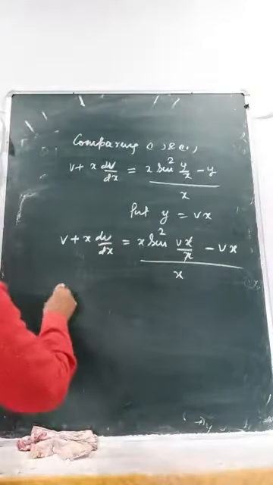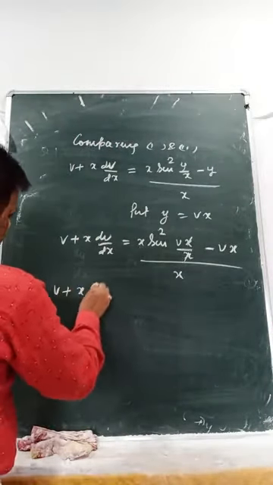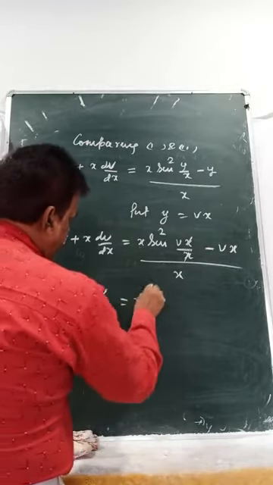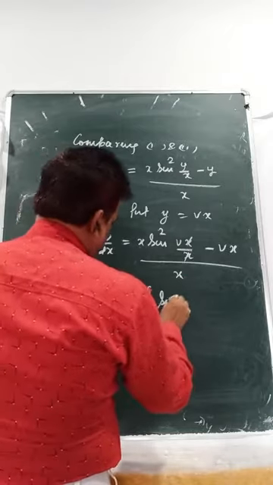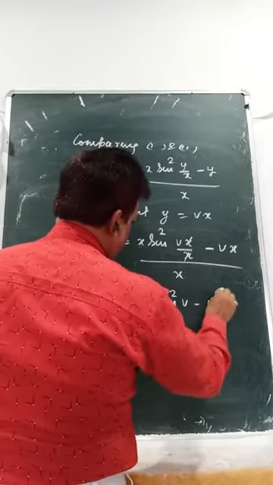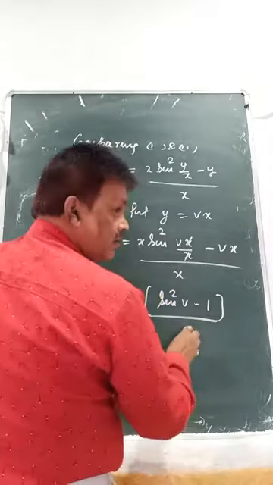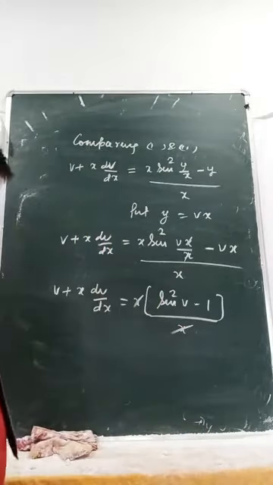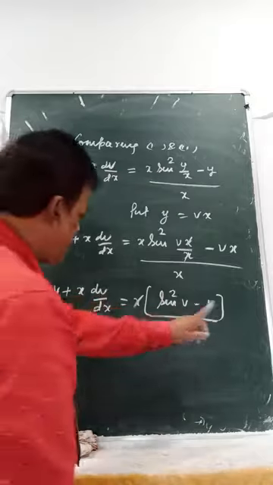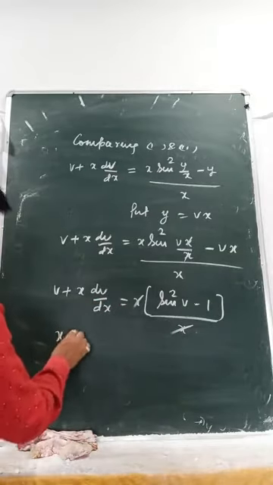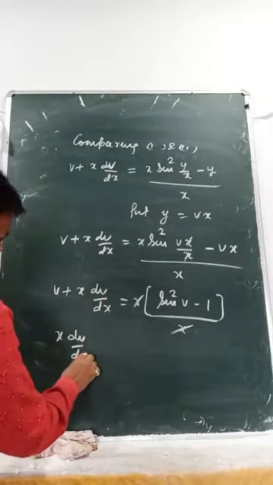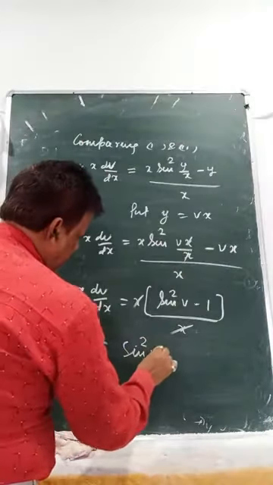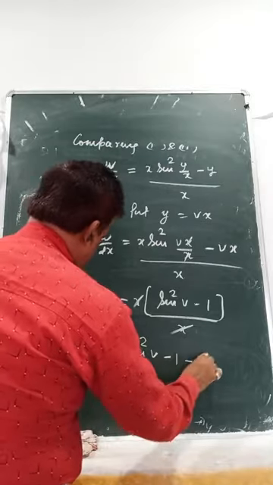If I take x common, v plus x dv by dx equals sin square v minus 1 by x, x gone. Now v will go that side, so x dv by dx equals sin square v minus 1 minus v.